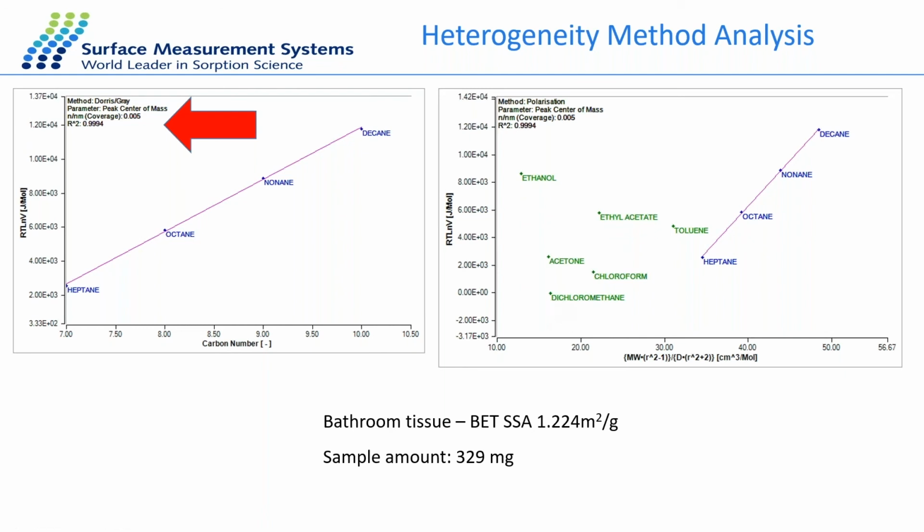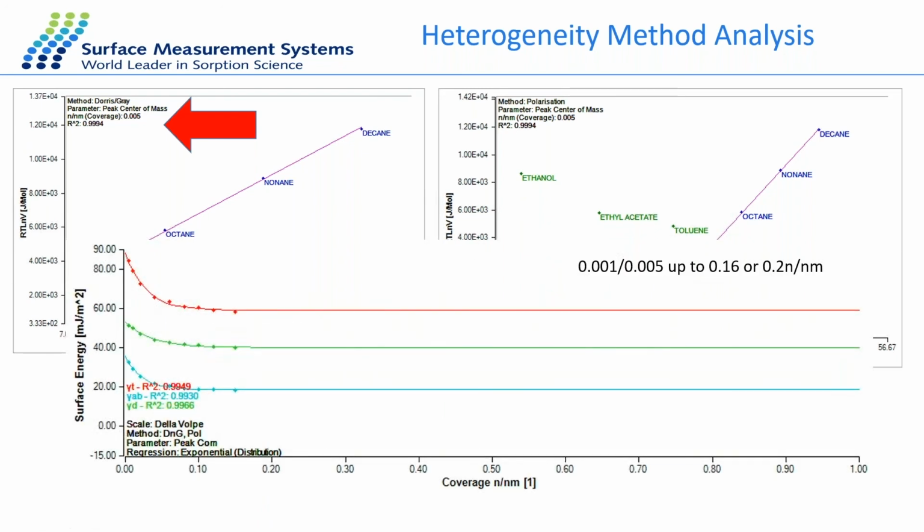It's because the retention time of the dichloromethane is very, very small. But if all the coverages are good, in this case, because dichloromethane has zero free energy, we used the chloroform to determine the surface energy distribution of this paper.